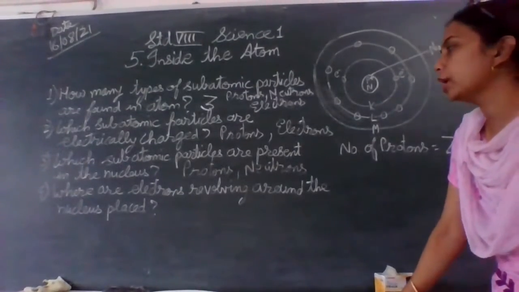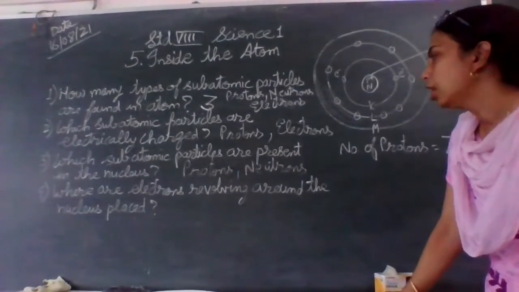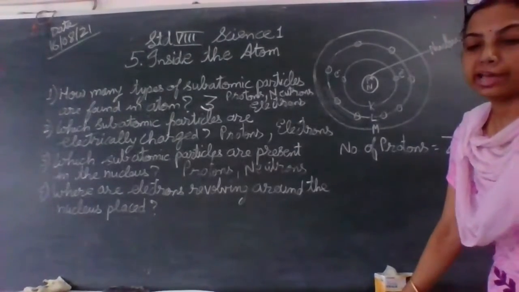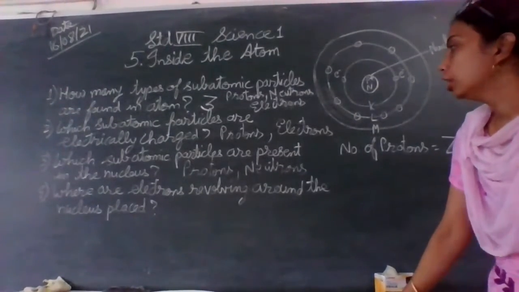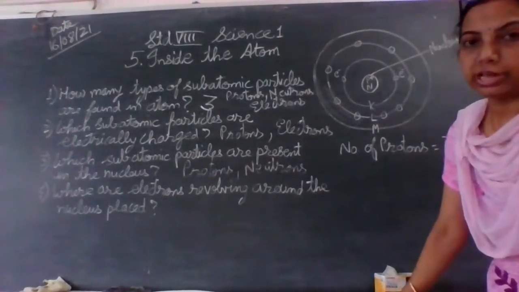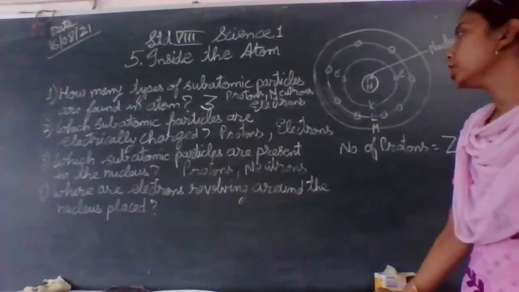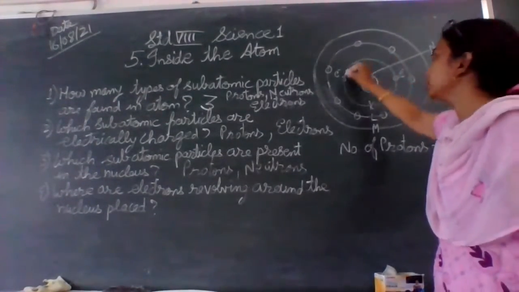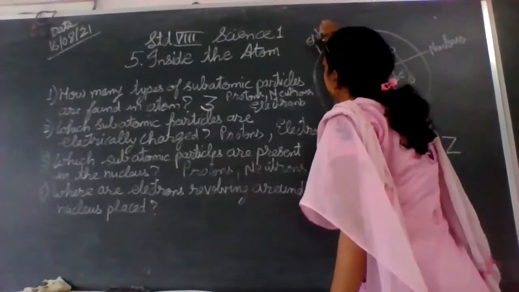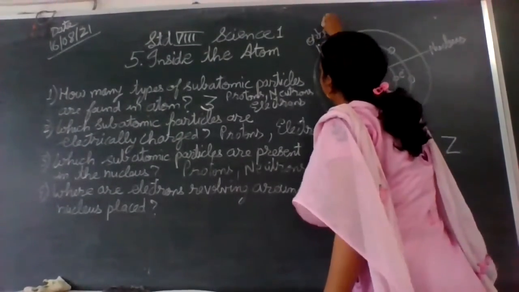The fourth question is, where are electrons revolving around the nucleus? They are in the extra nuclear part. They are not inside the nucleus. Outside the nucleus, in specially made orbits, they are moving.